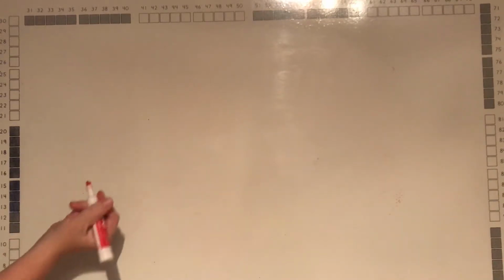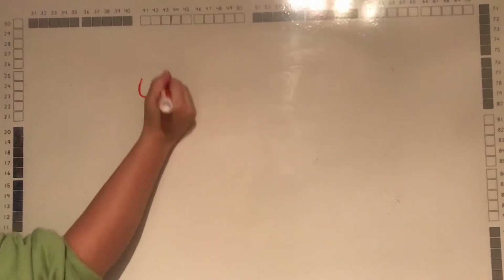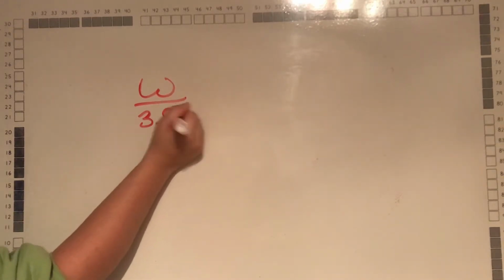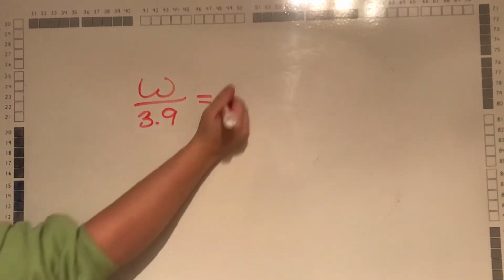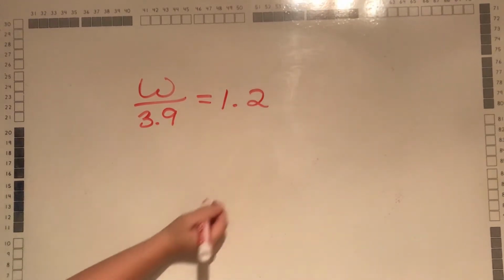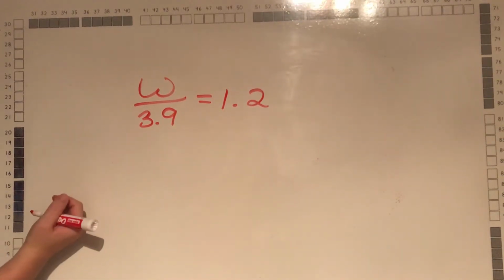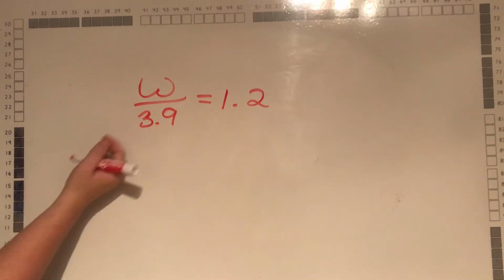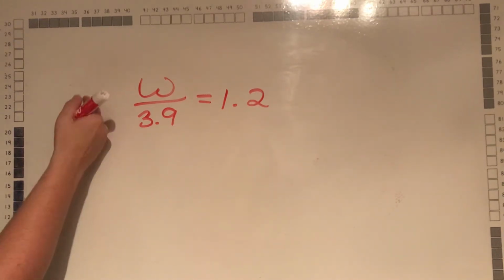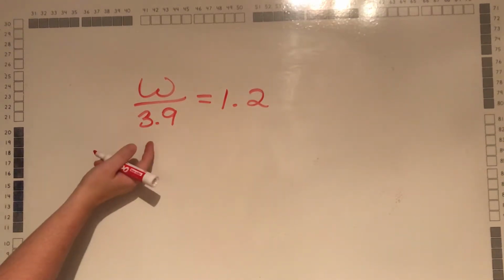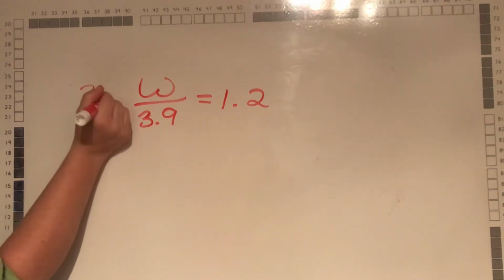They give us w over 3.9 equals 1.2. Now we want to isolate w. The only way we're going to be able to get w by itself is to multiply this fraction by 3.9.